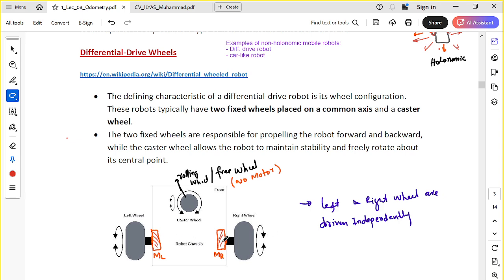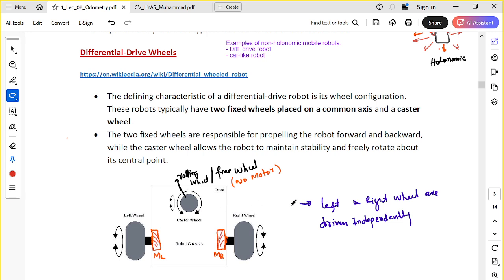They are not attached with a common axle. So these wheels can be controlled independently. You can rotate the right wheel clockwise, anti-clockwise, slow, fast, whatever you want. Similarly, you can control the speed and direction of your left wheel, and depending on the speed and direction of your two wheels, your full mobile robot, your chassis, your base, will move in the environment.